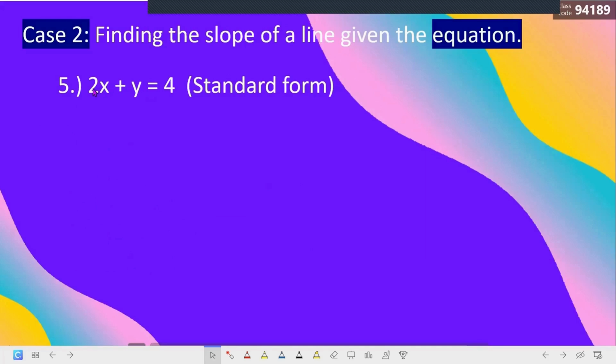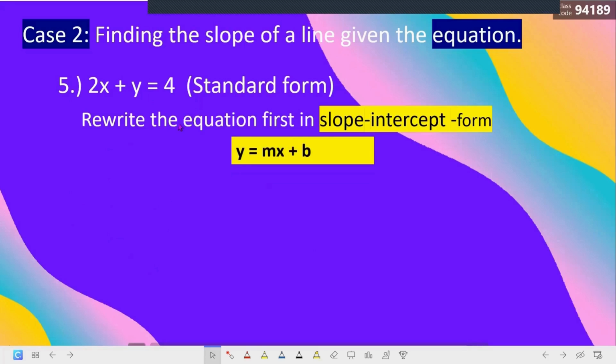Let's rewrite this 2x plus y equals 4, which is in the standard form, into the slope-intercept form. That is y equals mx plus b. So to do that, we eliminate the 2x so that we will solve for y, and y will be by itself on this side of the equation.